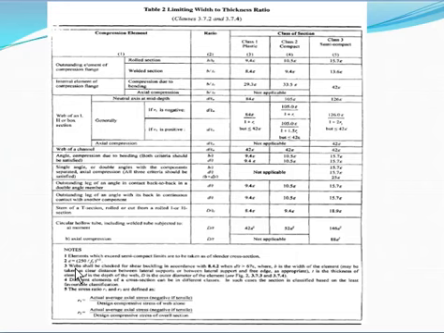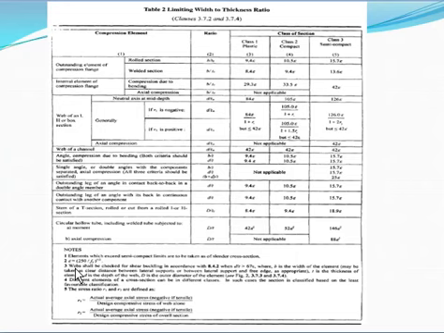Get the idea? Now see the B part, class 2. Class 2, that is the compact sections. The cross section which can develop plastic moment of resistance but has inadequate plastic hinge rotation capacity for the formation of plastic mechanism due to local buckling.